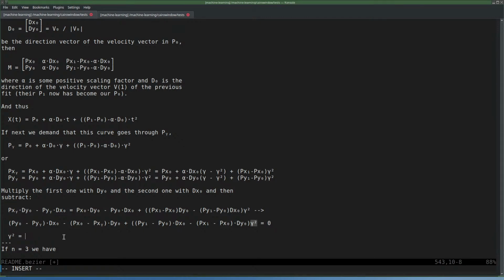this, which is actually a dot product between the normal of the vector from P0 to P gamma. Yeah, how to write that?